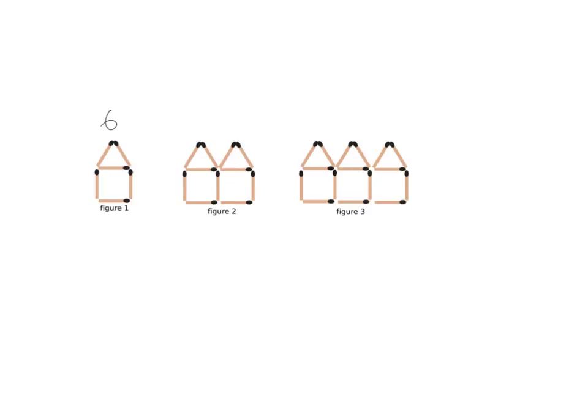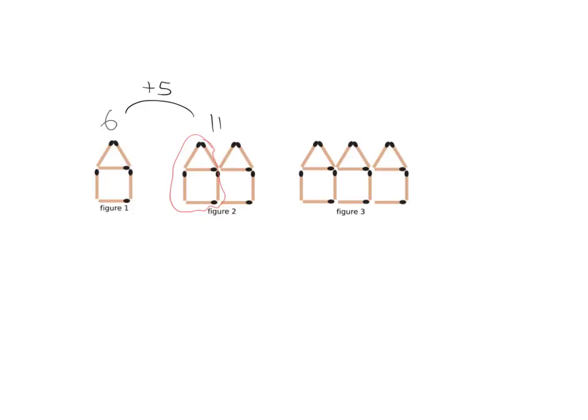If we look at figure 2, you can see that you've taken the little house that was in figure 1 and then added on 1, 2, 3, 4, 5 more matches. Taken the 6 that were in figure 1, added on 5, and you get to 11.